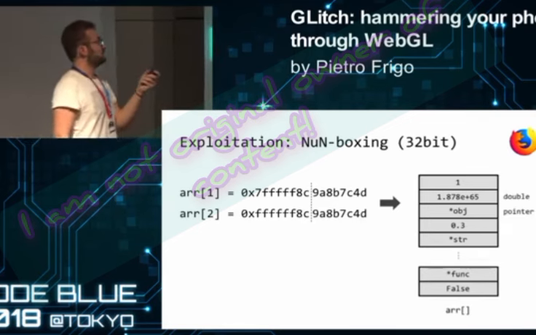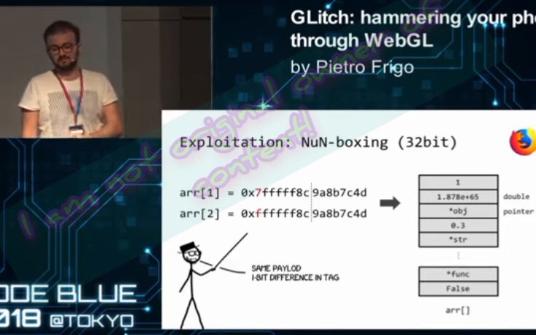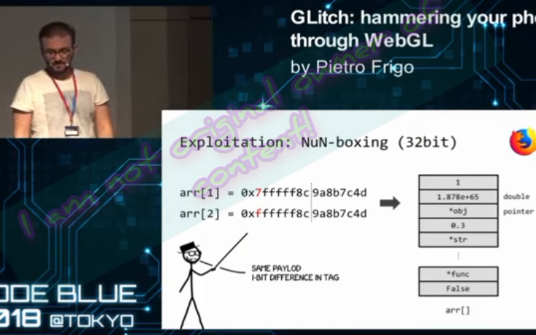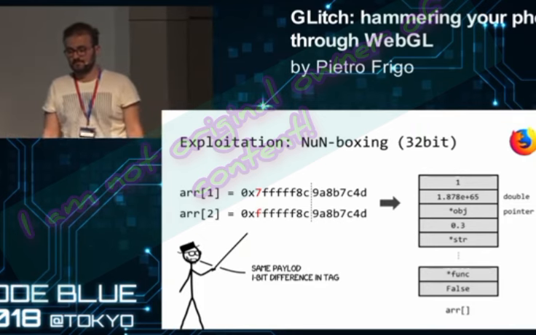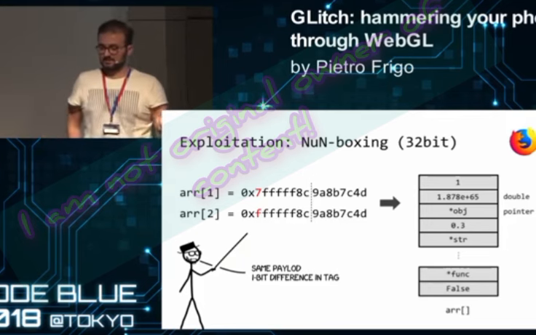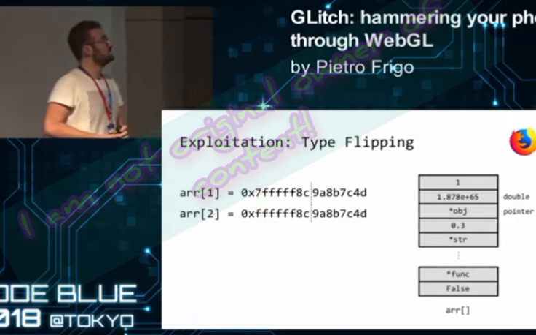And both of them have the same payload, but the tag differs by one bit, which in other terms means they are basically one bit flip away from each other. And now you can see the point of our attack. Our attack is called type flipping.